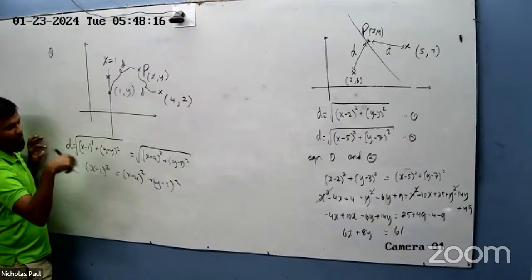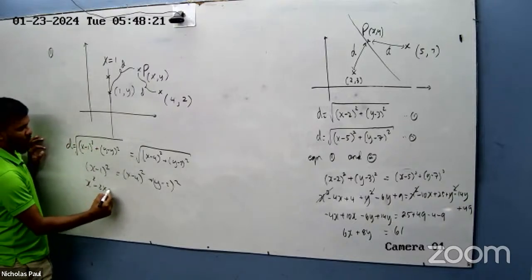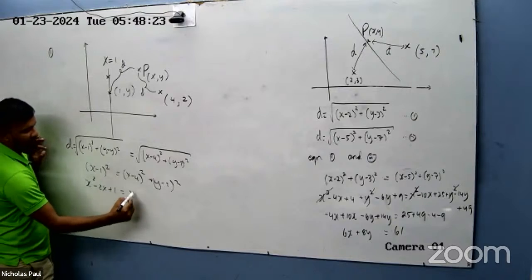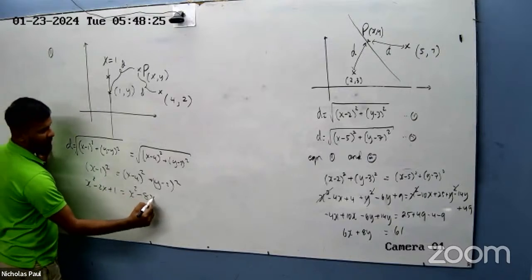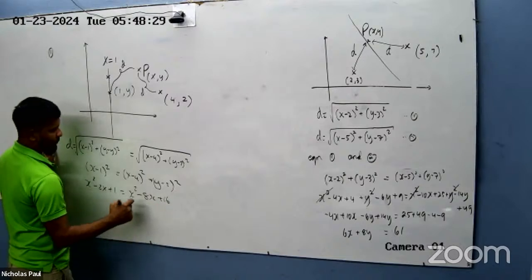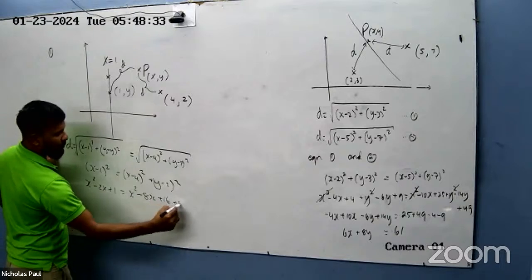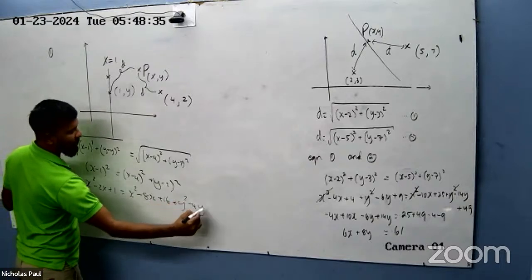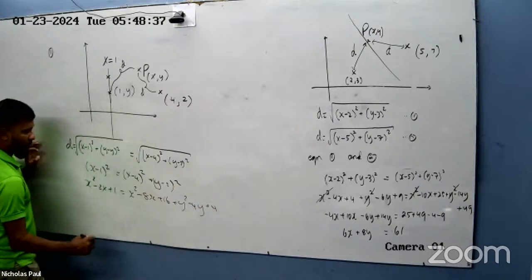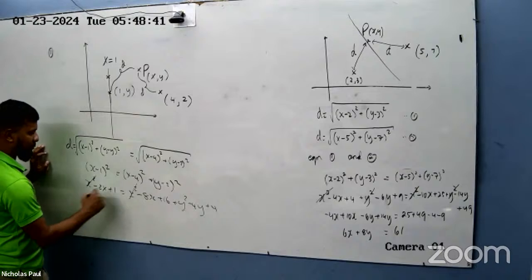You get a parabola. So this will be x squared minus 2x plus 1 is equal to x squared minus 8x plus 16, right? Plus y squared minus 4y plus 4, right? X squared will cancel, and you can bring everything on one side.